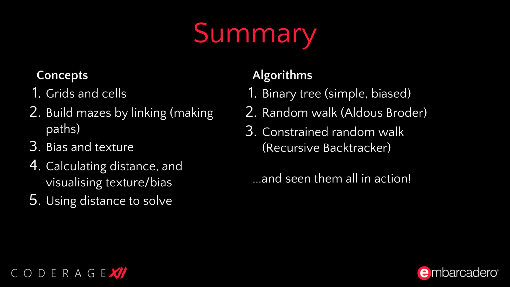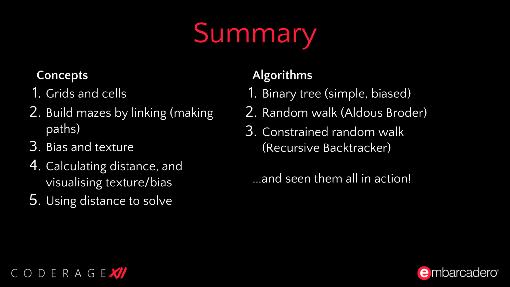Texture in a maze is the result of an algorithm's behavior. We learned how to calculate distance from a cell and then to visualize texture in a maze by coloring a maze based on distance. And then we looked at using distance to solve a maze. So given a starting point from which you calculate distance and an ending point, how to walk back through the maze to find a solution.